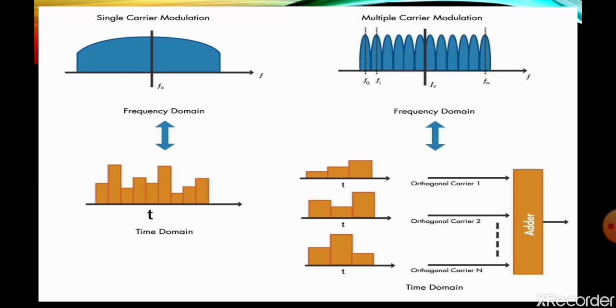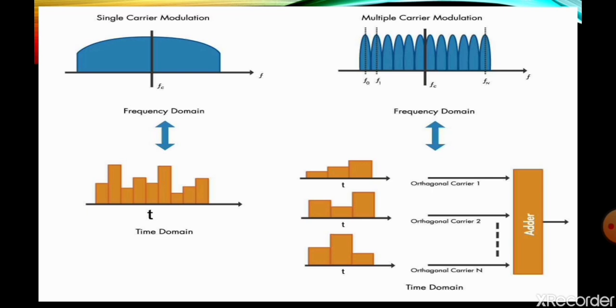In single carrier modulation, as the name says, there is only a single carrier signal to transmit the data, whereas in multi-carrier modulation you can see that there are multiple carrier signals, and on top of them the data is split and modulated. So rather than a single carrier, we have multiple carriers.